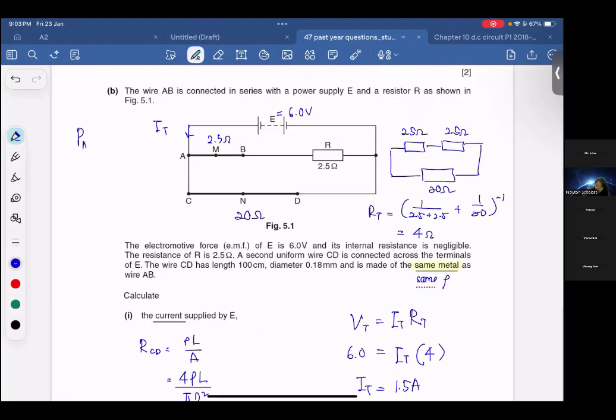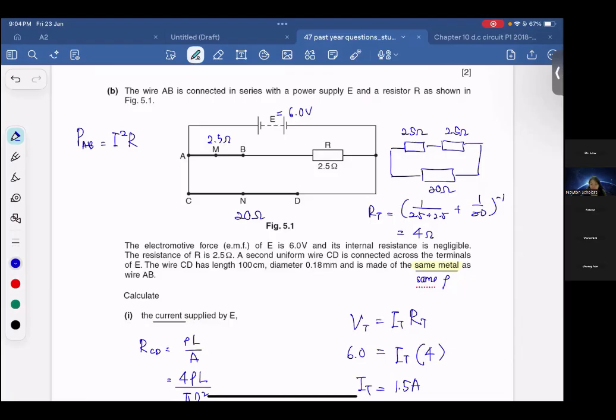Power AB. If I use I square R, are you able to do the calculation? What is your I? Washini, which formula do you use? Is it I square R?